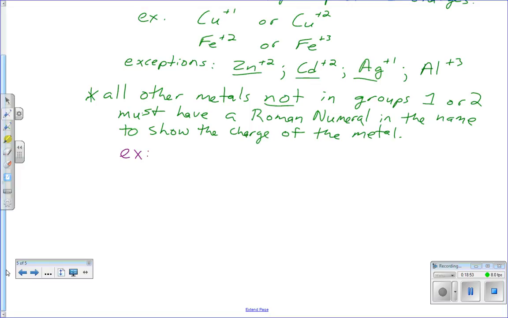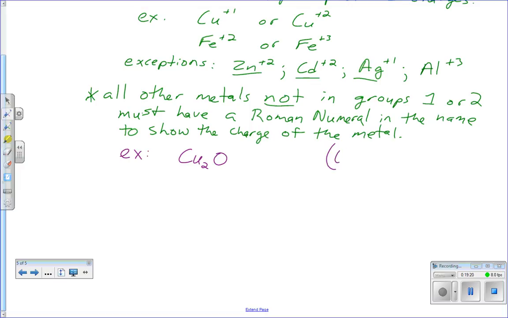So, for example, we have this one, Cu2O. That's 2 coppers with 1 oxygen. The charge of the nonmetal never changes. It can never change.